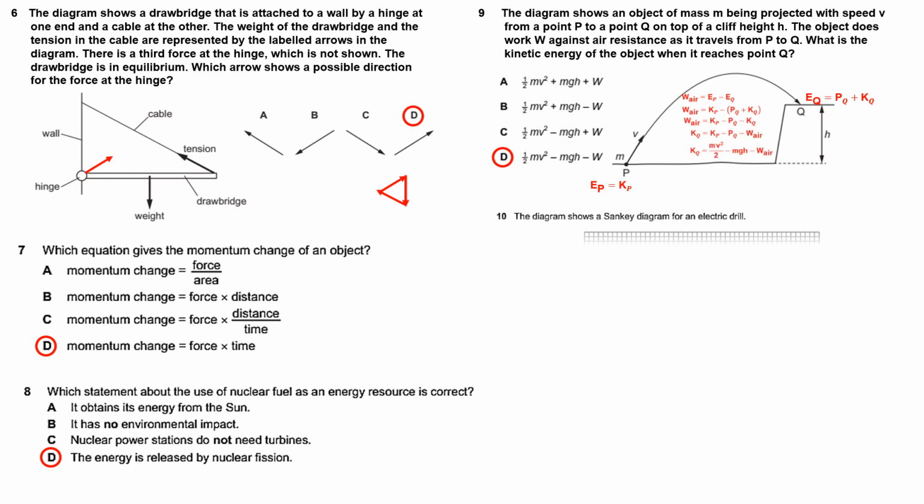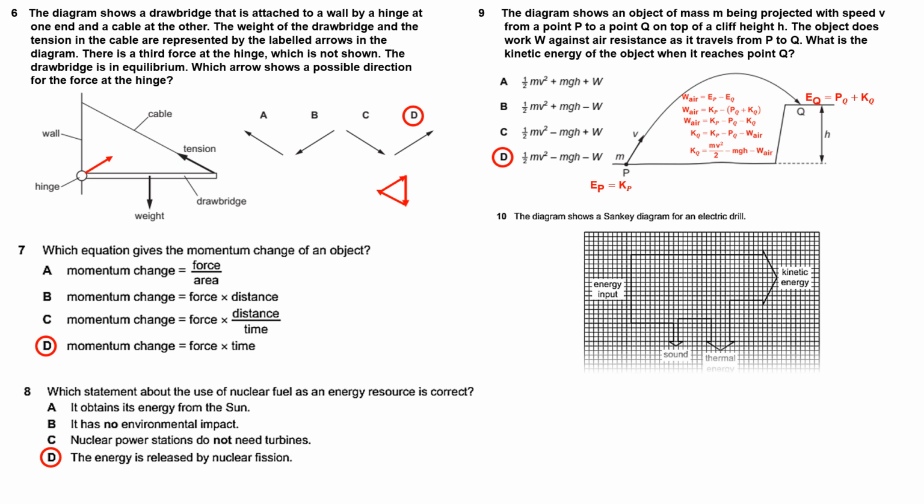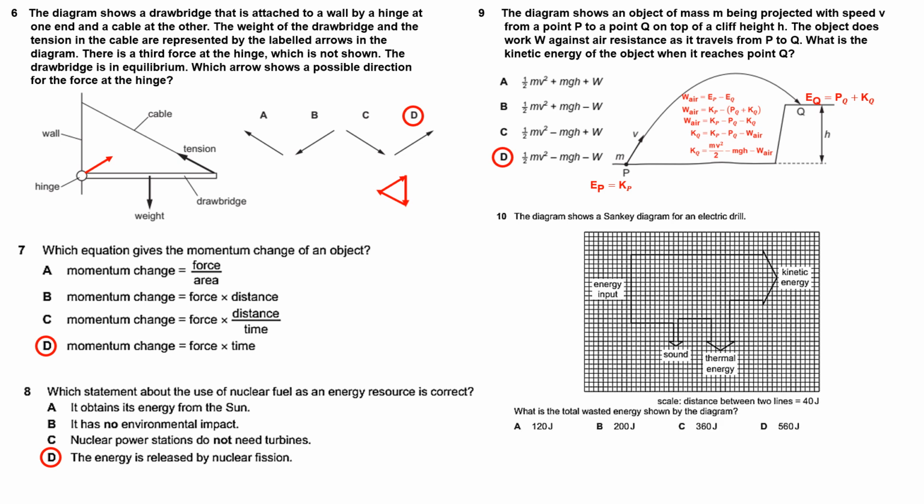Question 10. The diagram shows a Sankey diagram for an electric drill. What is the total wasted energy shown by the diagram? A Sankey diagram is a visualization tool that illustrates energy flows in a system using arrows. The width of each arrow reflects the amount of energy transferred.